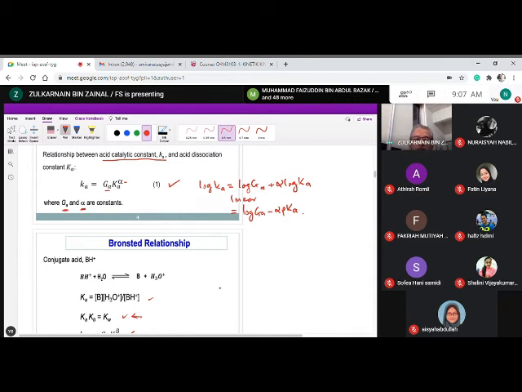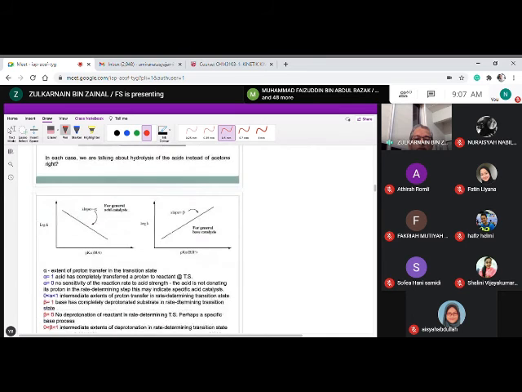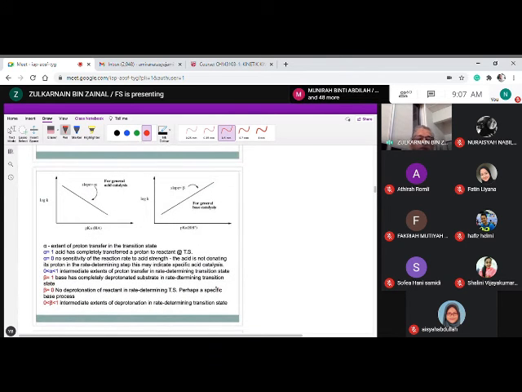And then back to the graph, you can see if you plot like that, what you get is the slope of log K versus pKa, and you get a negative slope there, and that will be alpha, the constant for acid catalysis.